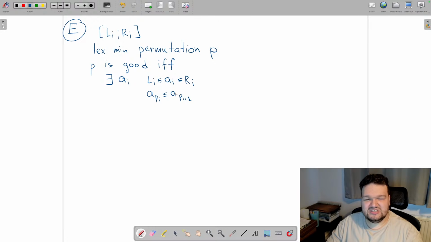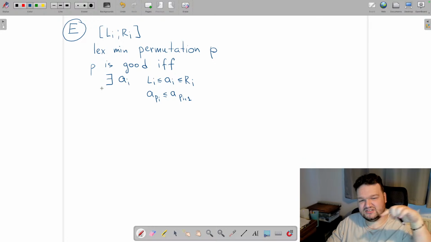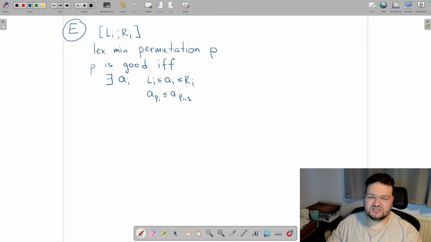What it actually means is that if we consider indices in the order of the permutation, our array is non-decreasing, which basically means that we are choosing the order of segments.